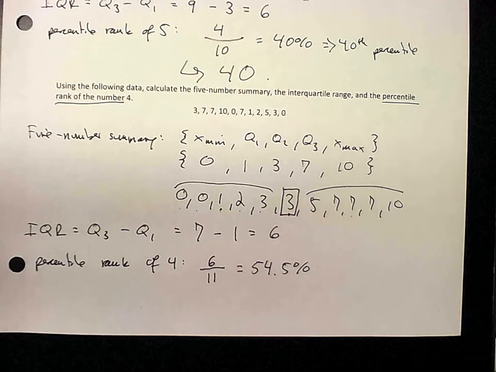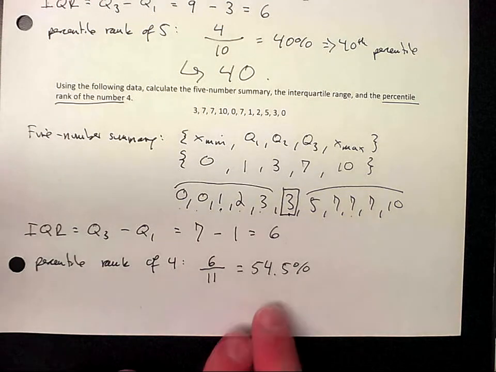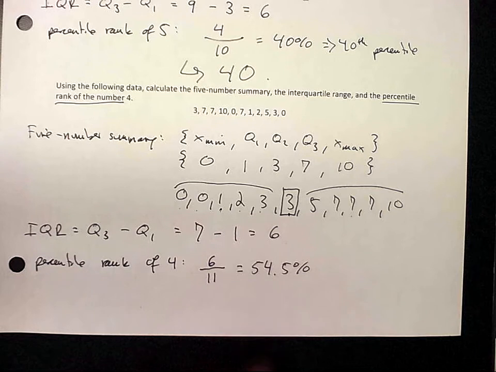Yeah, exactly, right? So think about it like this. What we're looking for is the percentage of values that are equal to or less than something. Now, what we just found out is that 54.5% of values are equal to or less than that. It might not be really obvious since we're just working with 11 numbers, but let's say we're working with 11 million numbers.